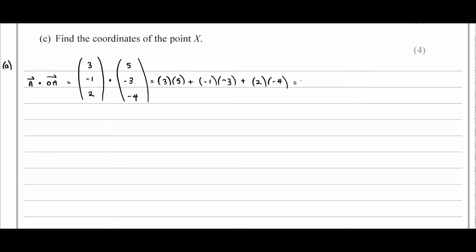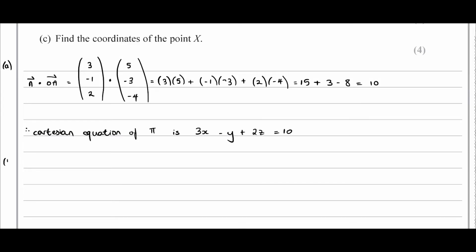We have 15 plus 3 minus 8, which is 10. And therefore we can conclude our Cartesian equation of pi would be 3x minus y plus 2z equals 10.